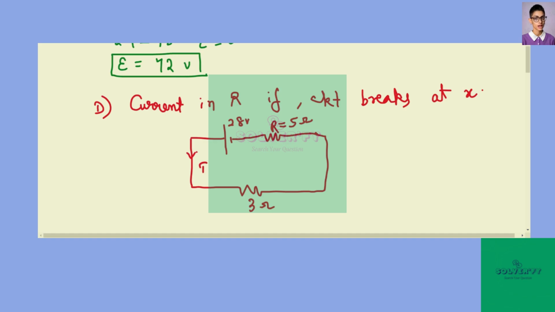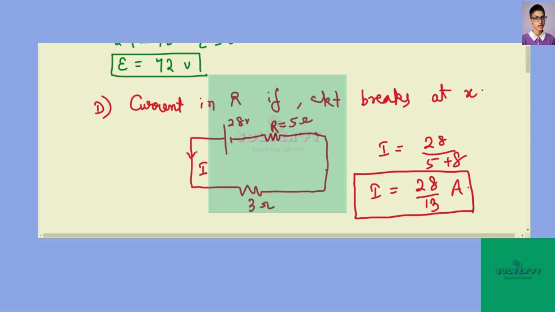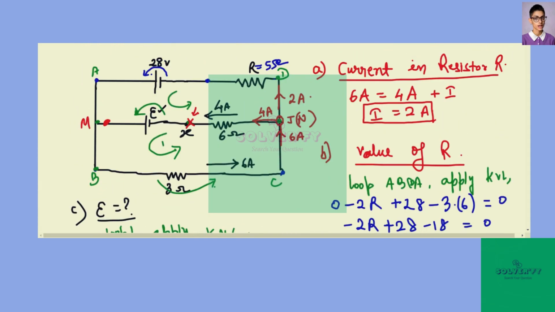So current will be total voltage divided by total resistance, that is 5 plus 8. And simplifying this gives us the value of current, that is 28 by 13 amperes. So this is the value of the current which will be flowing through this resistance or through this 3 ohm when the circuit is broken at the given point X here.